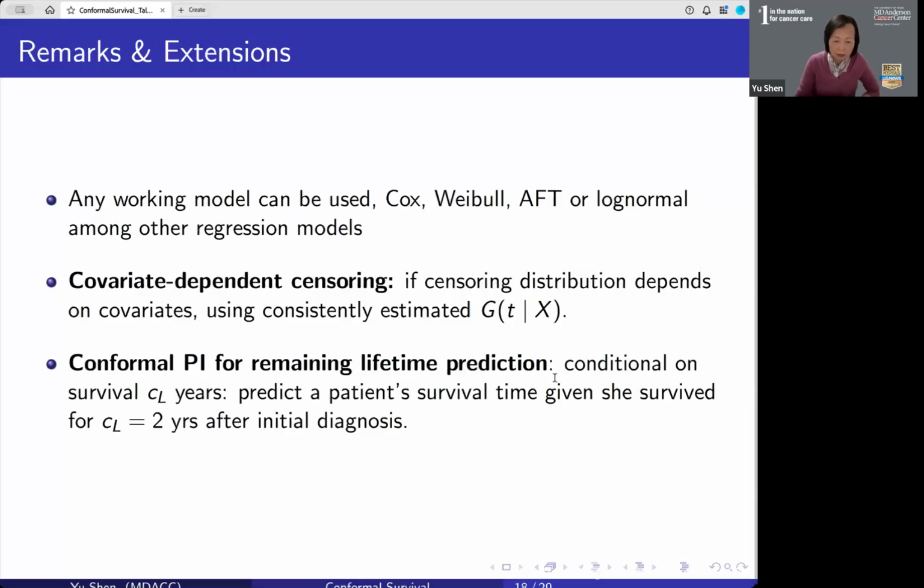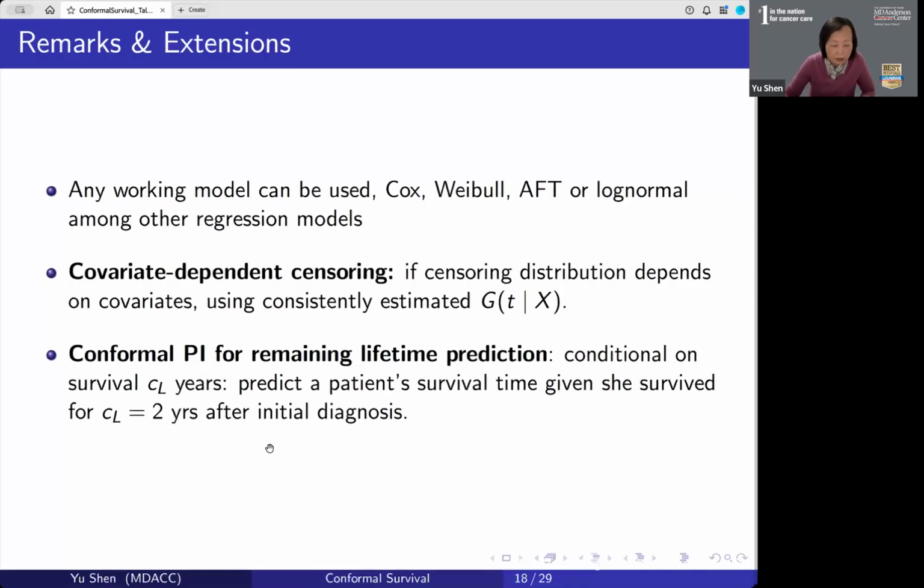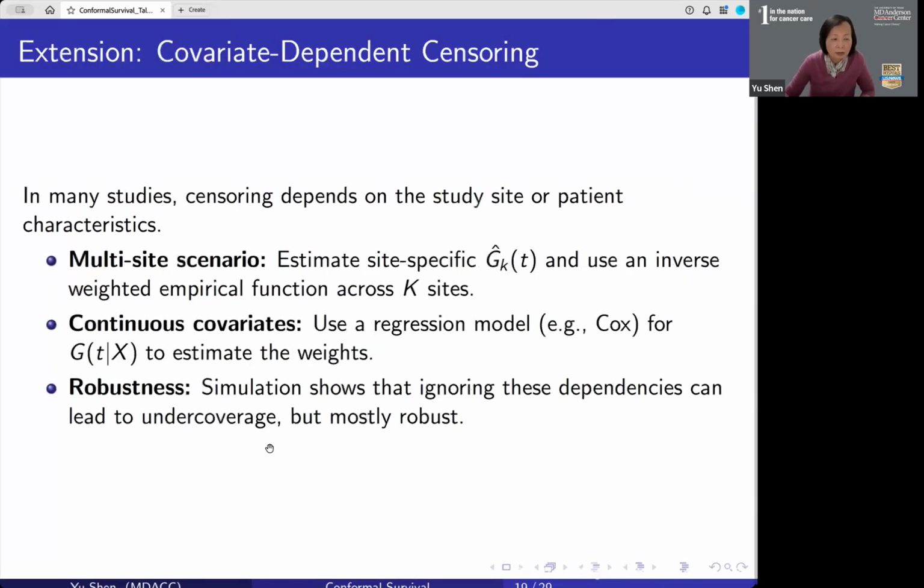In the clinic, it's also very common that a follow-up patient comes in who has already survived 1 year or 2 years after initial diagnosis, and then what does her future look like? So, given this patient's current survival time, we can predict her additional survival time after initial diagnosis.